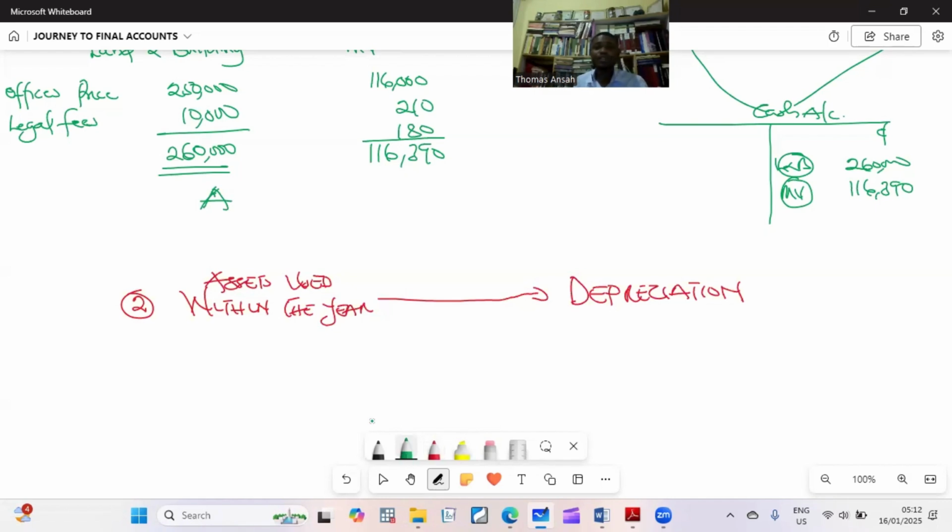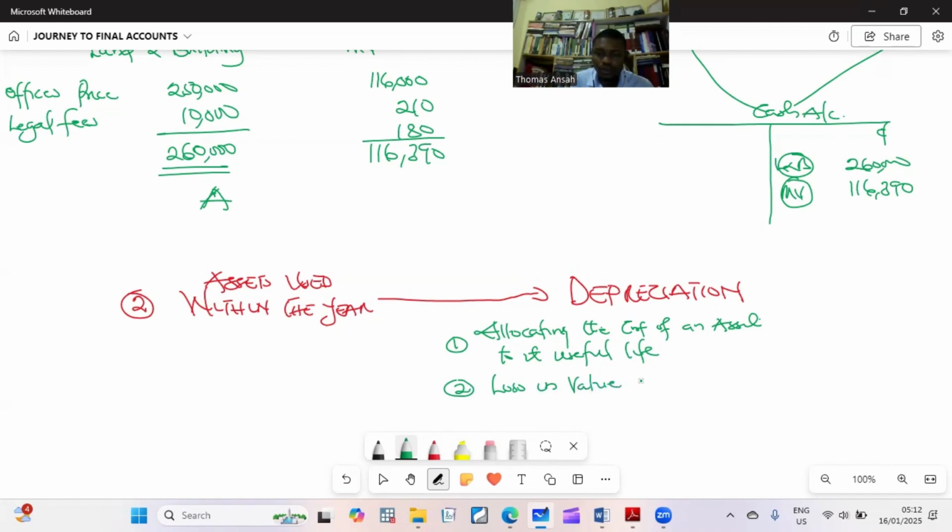Now, what is depreciation? Depreciation is allocating the cost of an asset to its useful life, or the residual value of the carrying amount of an asset over its useful life. So here at this level, we will say allocating the cost of an asset to its useful life. We can also say that depreciation is the loss in value of a non-current asset.